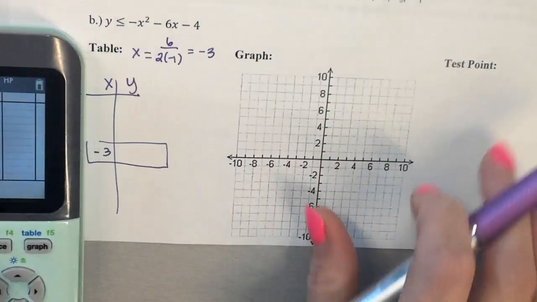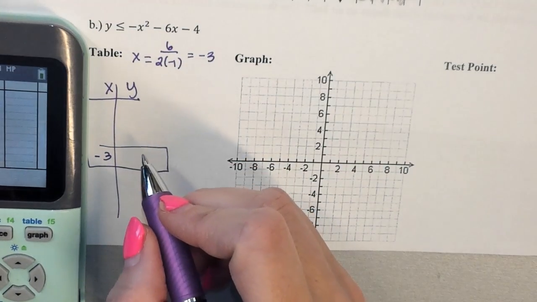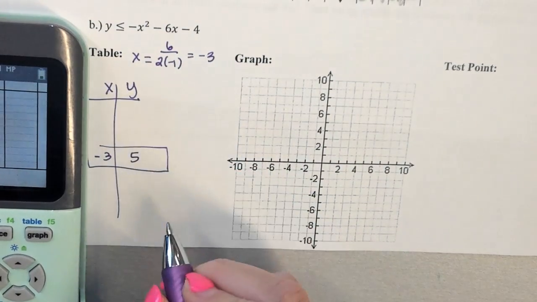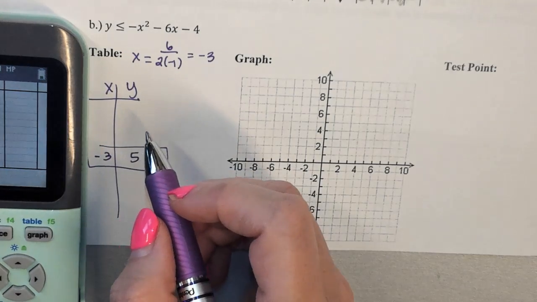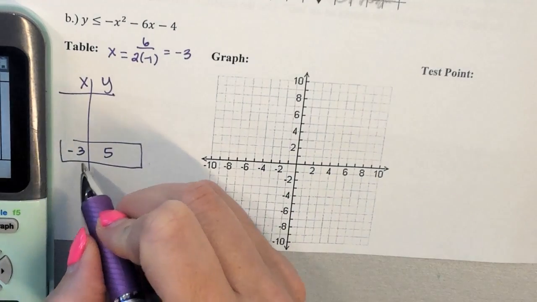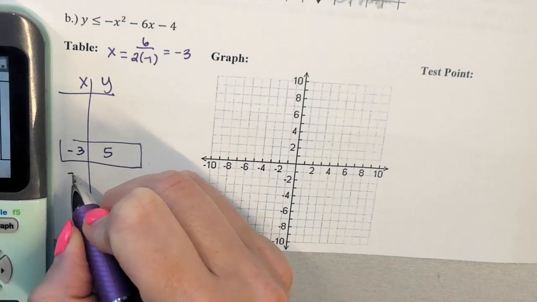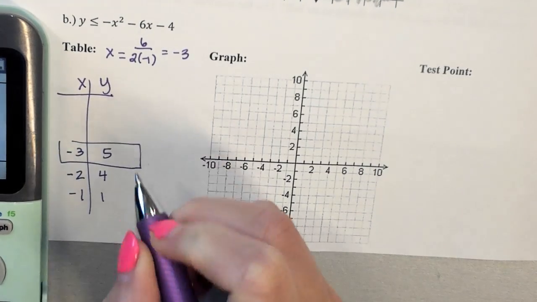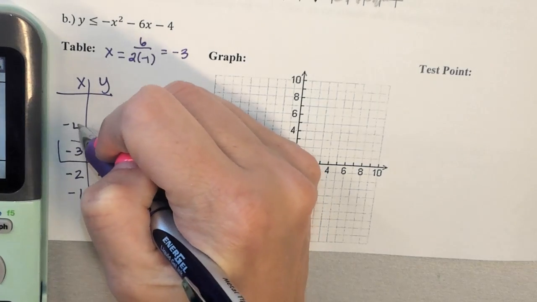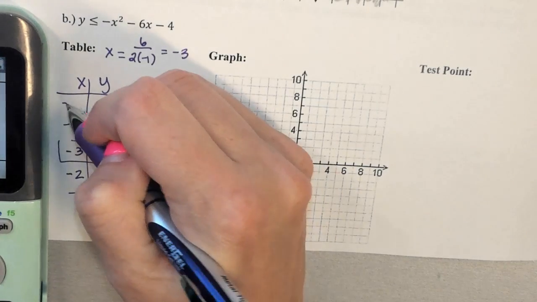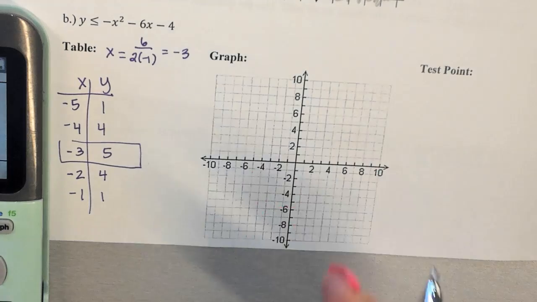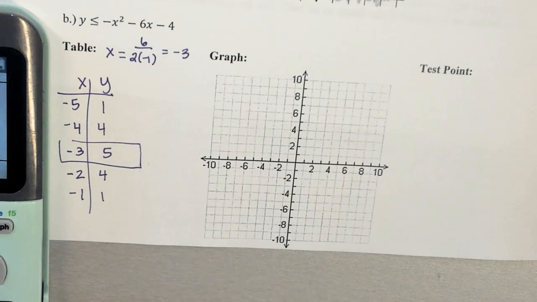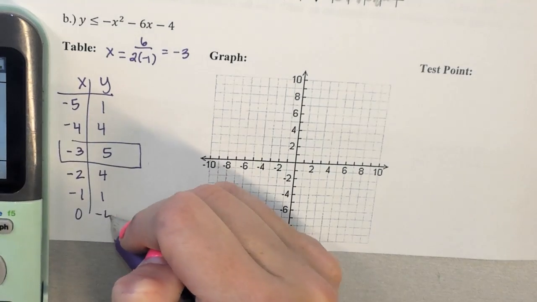So if this is the vertex, 5 is going to be the highest point, and then the other points are going to be symmetric. So I have negative 3, negative 2 is 4, negative 1 is 1, and at the very least, you need to have these points. And then if I go to 0, 0 is negative 4.